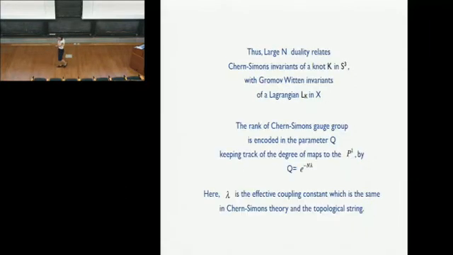So this large N duality, more precisely, relates computing Gromov-Witten invariants in this setting to Chern-Simons invariants of the knot. And just to remind you again, the rank of the Chern-Simons gauge group is encoded in the parameter that keeps track of the degree of the maps to the P1. And lambda here is the effective coupling constant that keeps track of the genus, and it's the same on both sides.